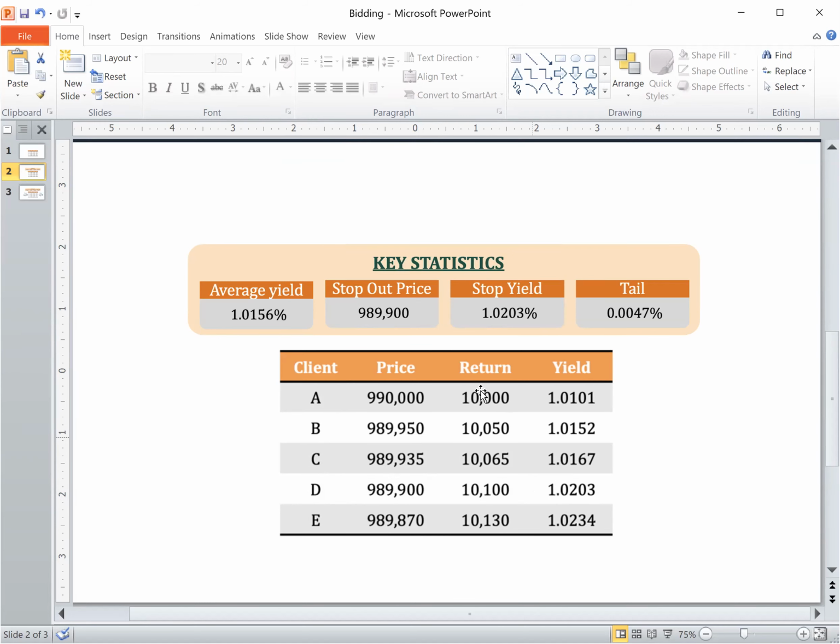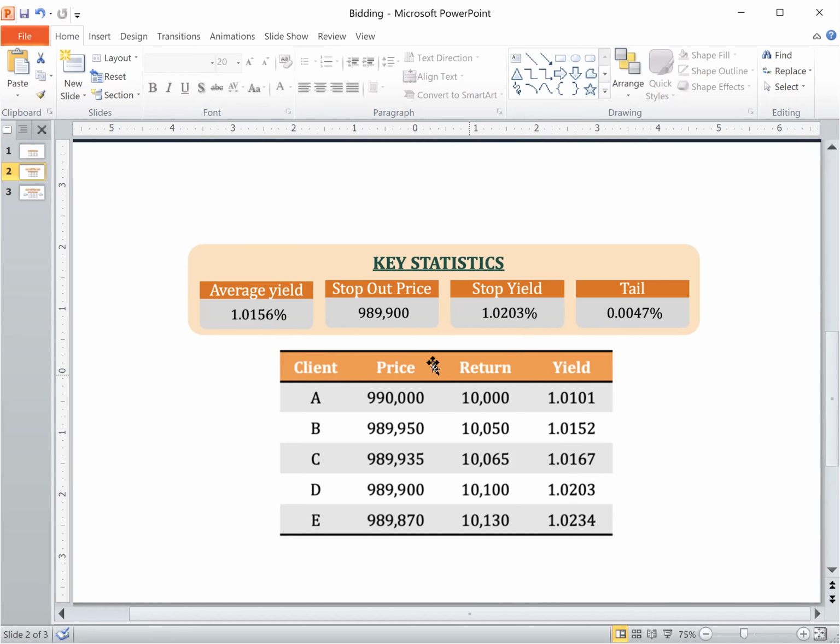Average yield would be the average of all the yields which were selected. The top 4 bids which got selected, their average would be the average yield.